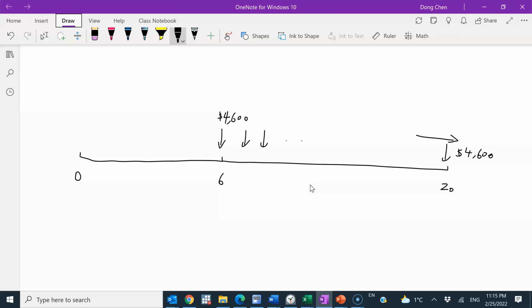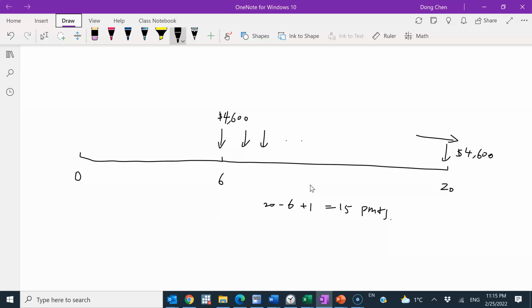So we will have 20 minus 6 plus 1, which is 15 payments. It's not only 20 minus 6, because then you would not be including the payment right at year 6.